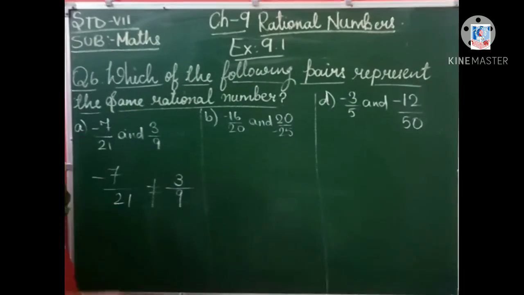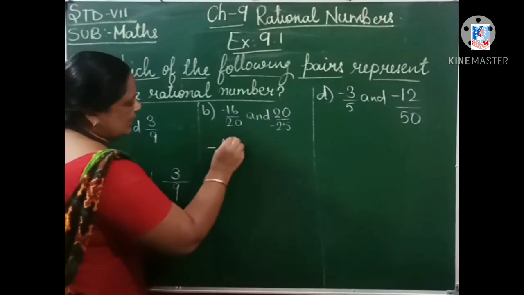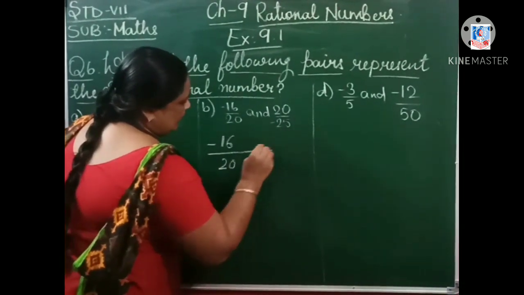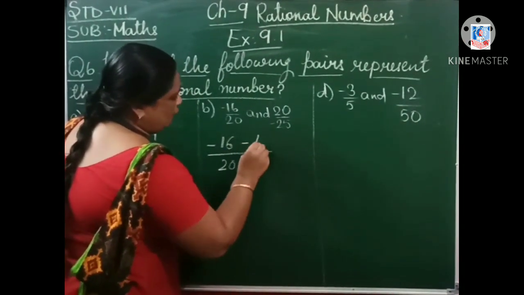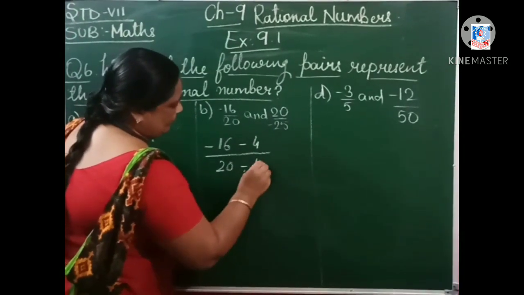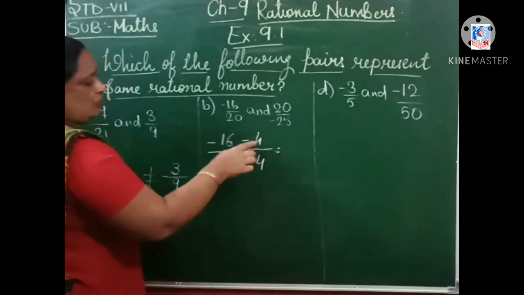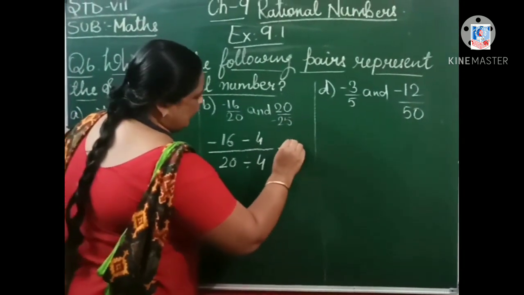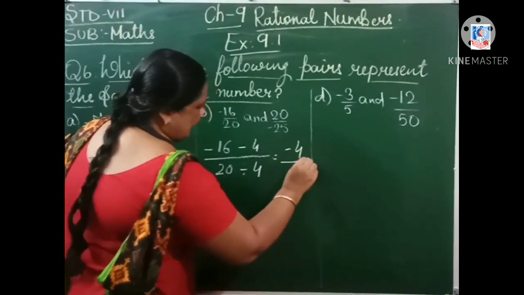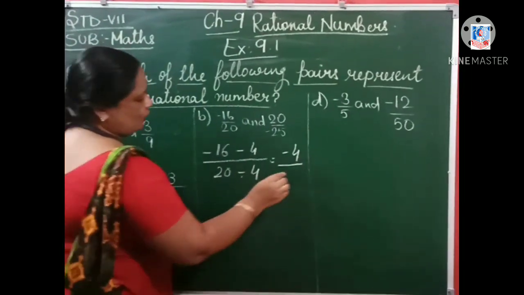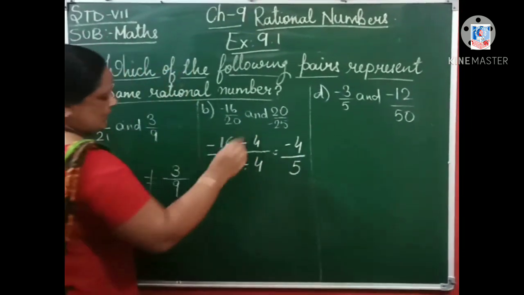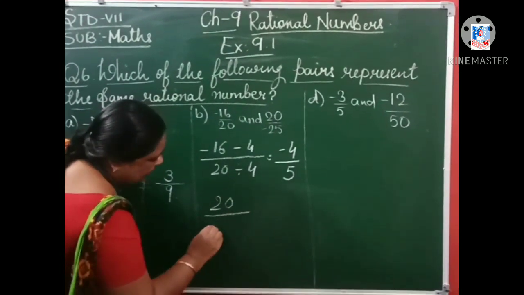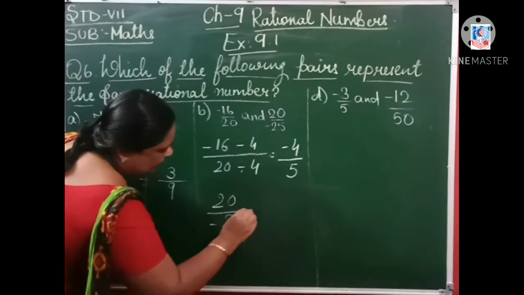Now next, minus 16 by 20 and 20 by 25. Now let us reduce. Minus 16 by 20 divided by 4 is equal to 4 4s are 16, divided by 4 is 4 and minus 4, and 20 divided by 4 is 5. Next, 20 divided by minus 25.